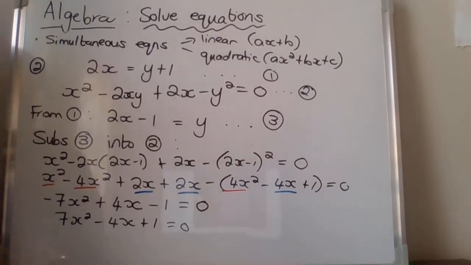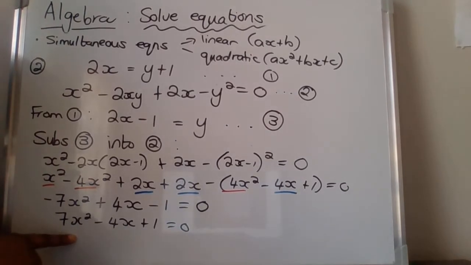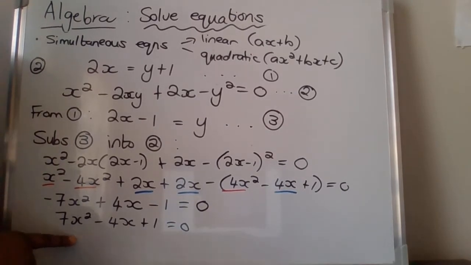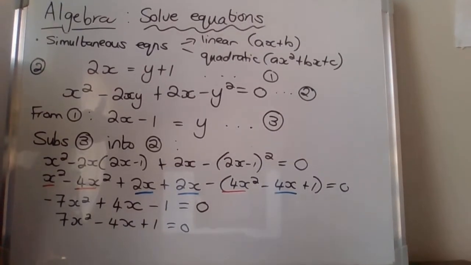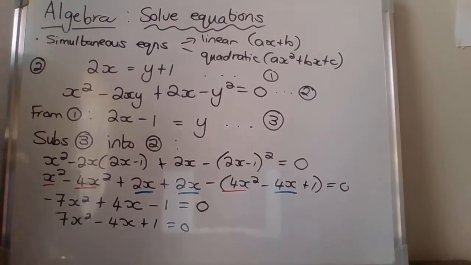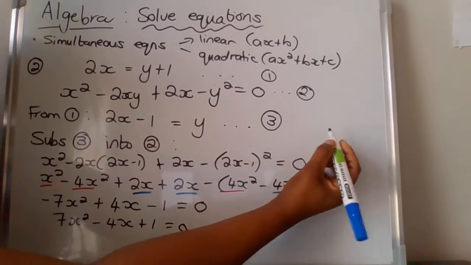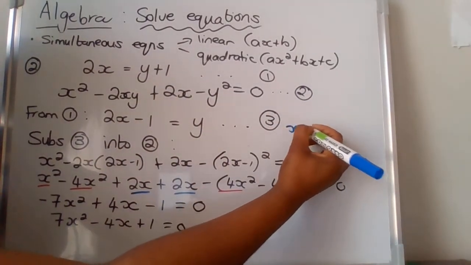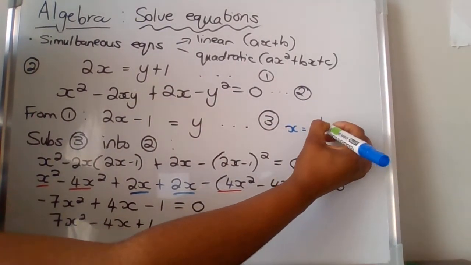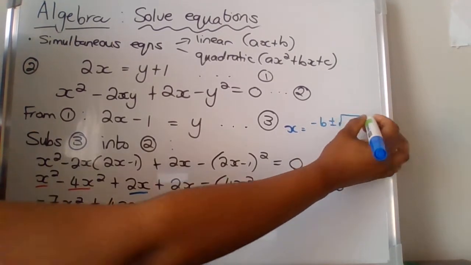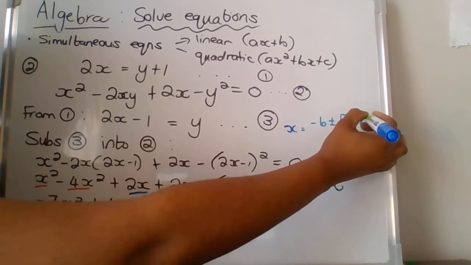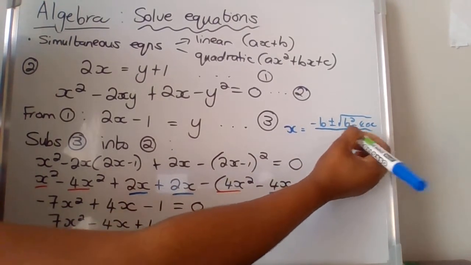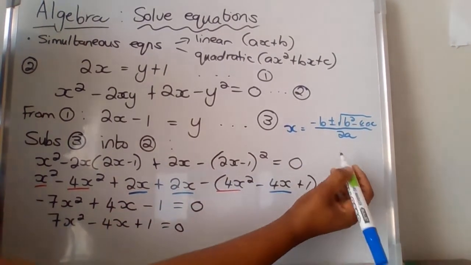Seeing that when we get here we are not able to factorize, we are within our rights to use the quadratic formula. So what is the quadratic formula? It's x is equal to minus b plus or minus the square root of b squared minus 4ac, all over 2a.